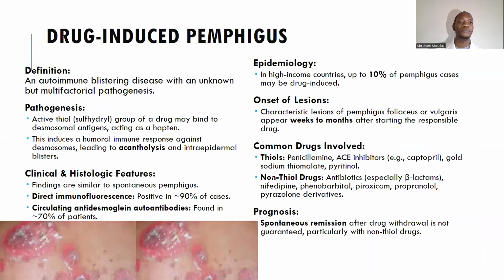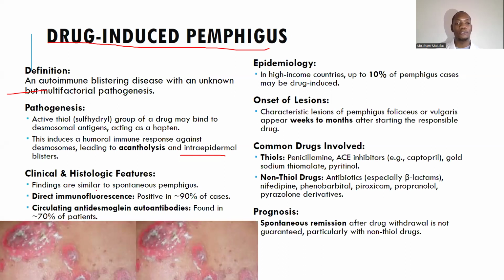So we can also get the drug-induced pemphigus, because I told you all the blistering conditions can be triggered by drugs. In this case, the pemphigus type will still give you intraepidermal blisters when you do histology, and they will look like the pemphigus foliaceus that we usually see in the general population.